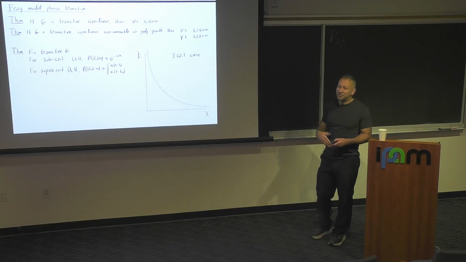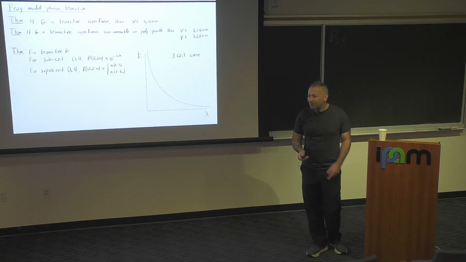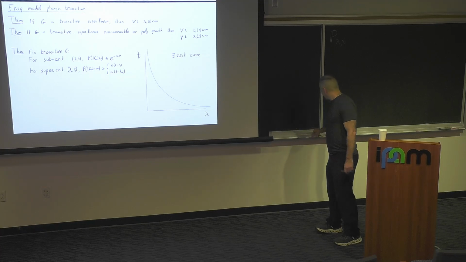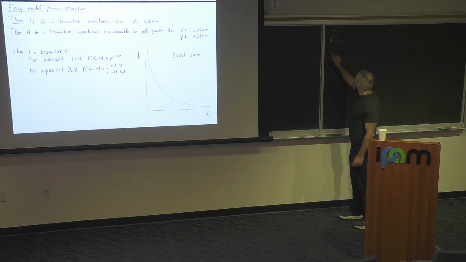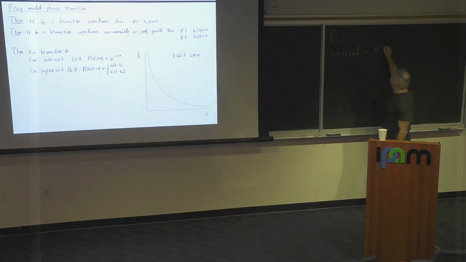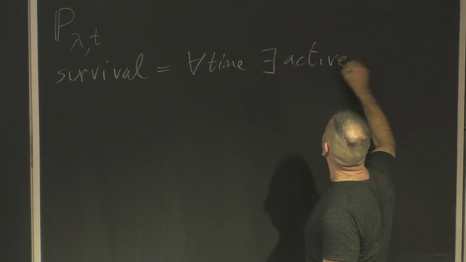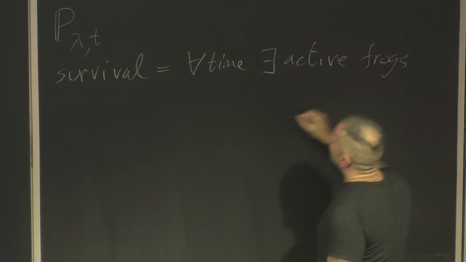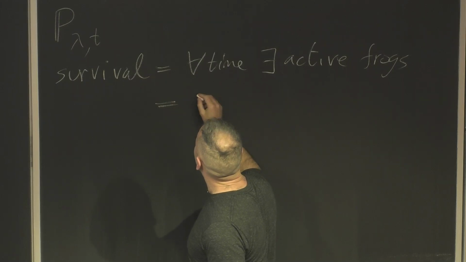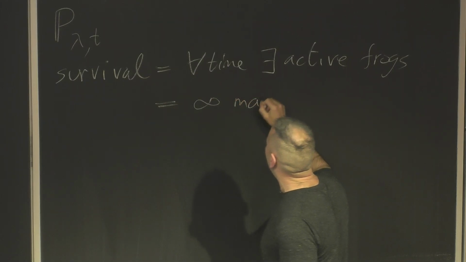The event of survival is that at all times there are active frogs. This is equivalent to saying, for all time, there exist active frogs. And this is also equal to the statement that infinitely many frogs are activated.